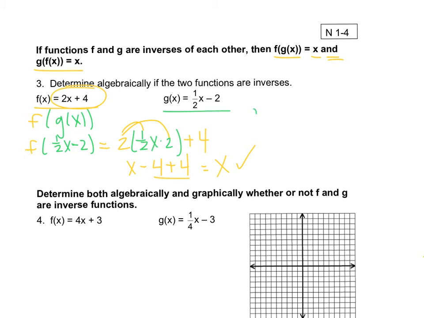So now I'm going to do g of f of x. I know f of x is my input, and f of x is 2x plus 4. So that's what I'm going to be inputting into function g.